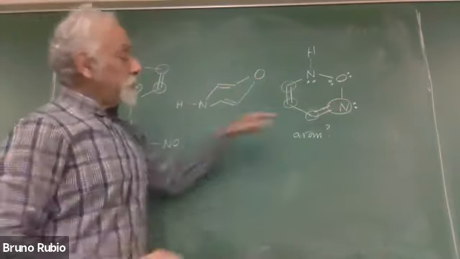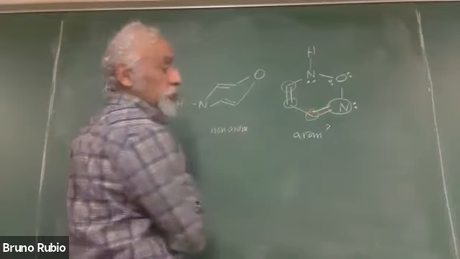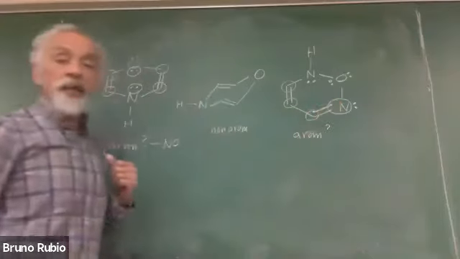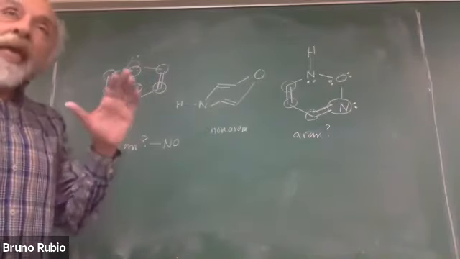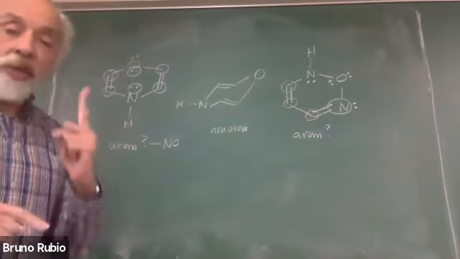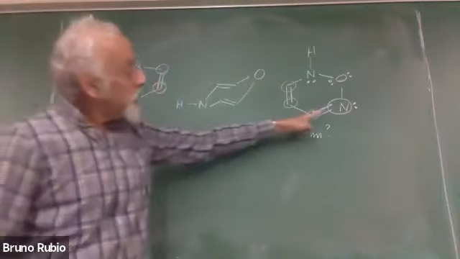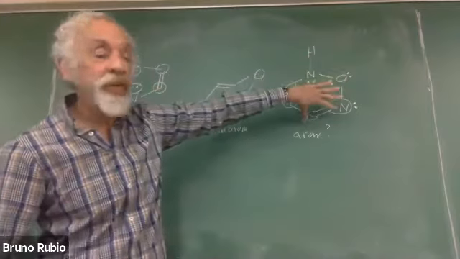That means there's a P electron on this carbon interacting with the P electron on that nitrogen to form that pi bond. And if you think back to Gen Chem, you know that the P orbitals are orthogonal, up and down, side to side, and in and out. This circle represents an in and out P.